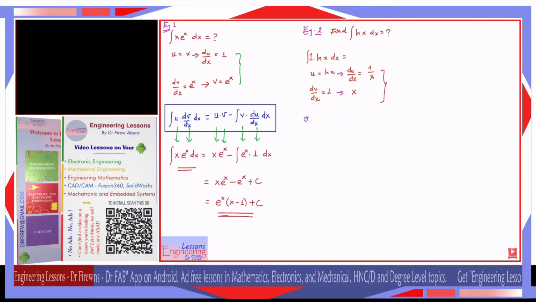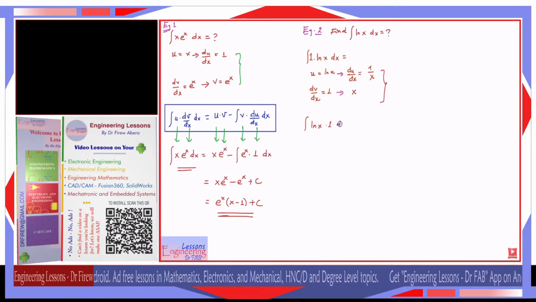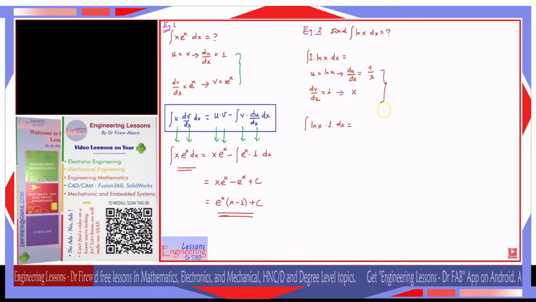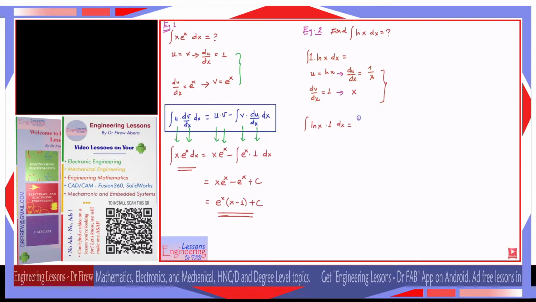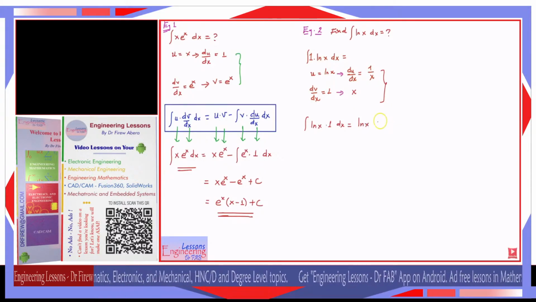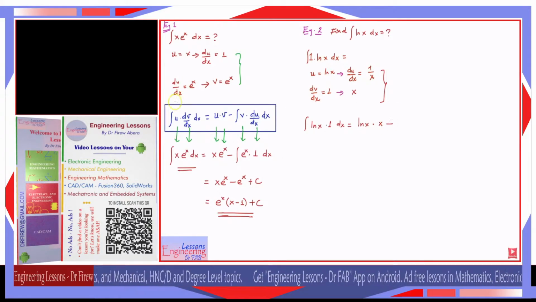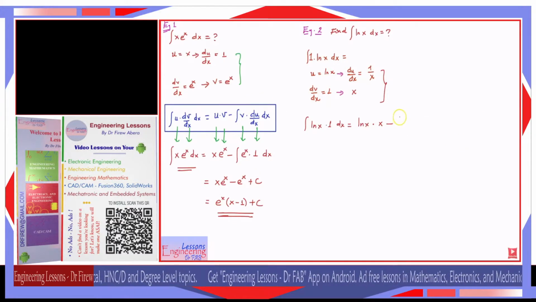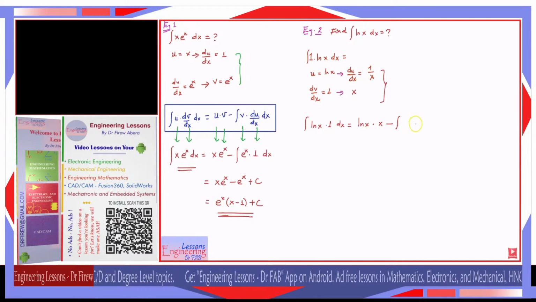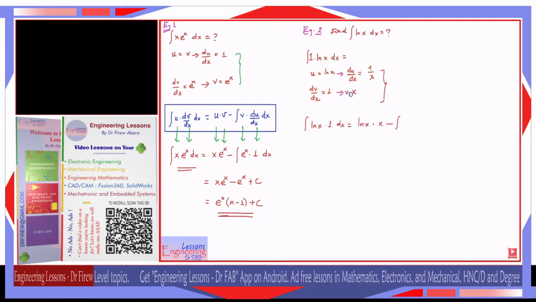That will be the integral of u, which is ln x, times dv by dx, which is 1, dx, equals u times v, so ln x times x, minus the integral of v times du by dx. Mind you that our v is x here.